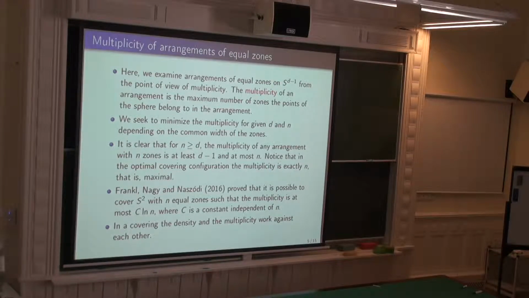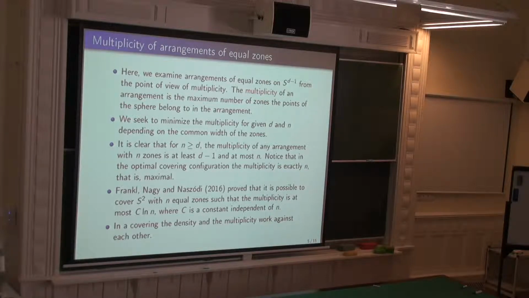Here we will examine arrangements of equal zones on the sphere from the point of view of multiplicity, where the multiplicity of an arrangement is nothing else but the maximum number of zones the points of the sphere belong to in this arrangement. We seek to minimize this multiplicity for certain arrangements and even coverings. It is clear that for n more than d, the multiplicity of an arrangement with n zones is at least d minus 1 and at most n.